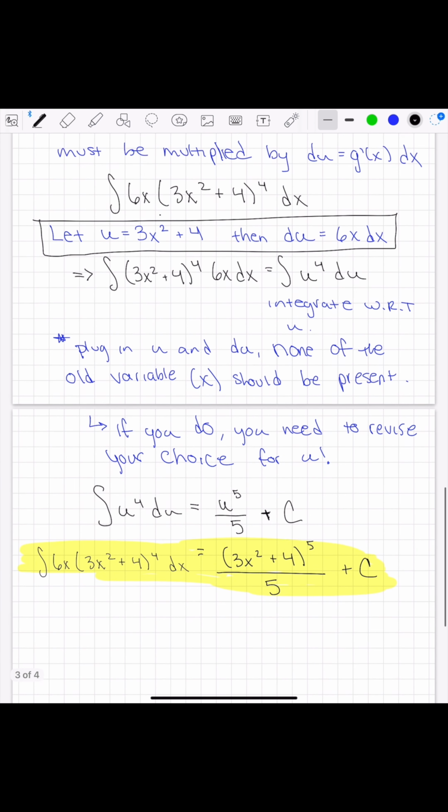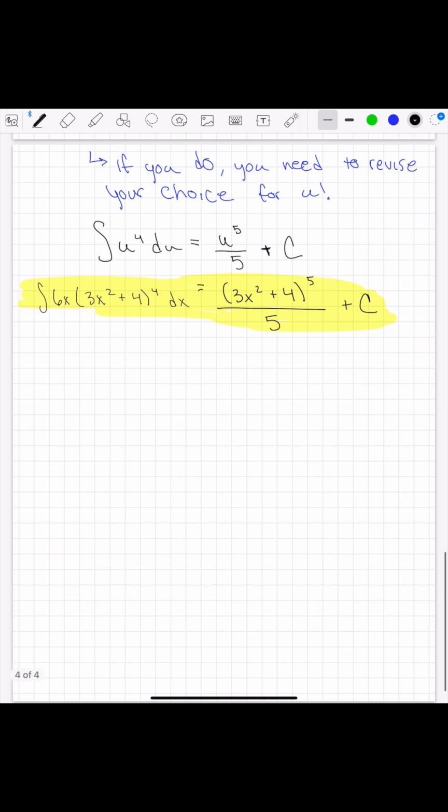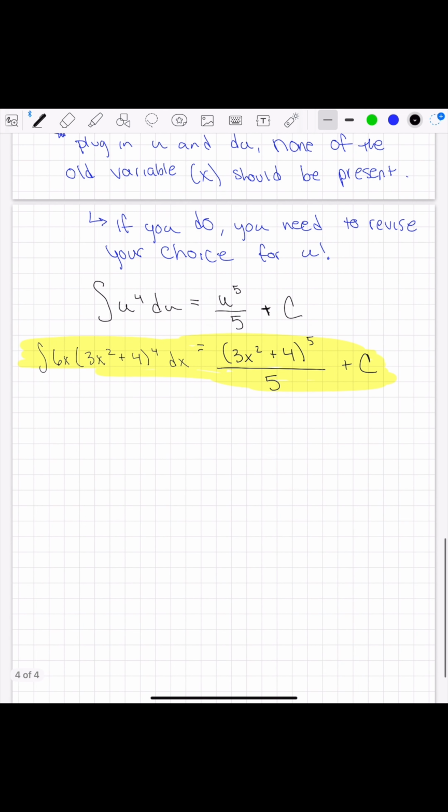So let's go over all of the steps that we just did. Steps for integrating with substitution.